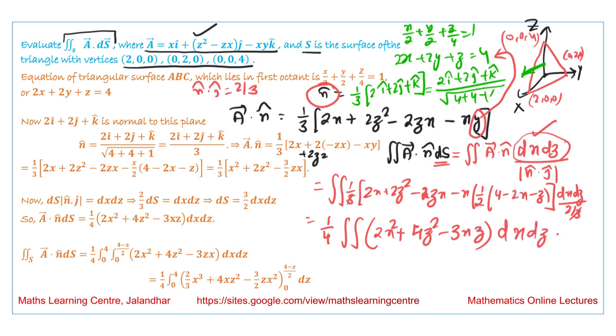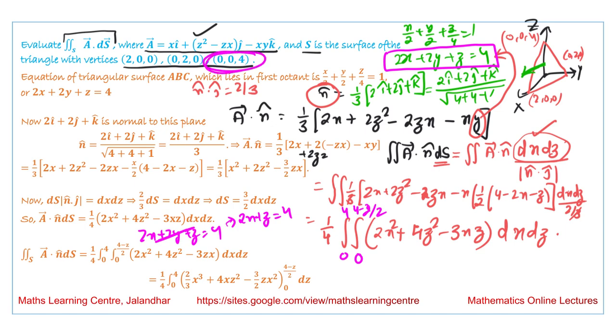For the limits, the equation of the plane is 2x plus 2y plus z is equal to 4. We are taking the projection on the xz plane, so y is 0, and we have the equation 2x plus z is equal to 4. So x varies from 0 to 4 minus z by 2, and z varies from 0 to 4.